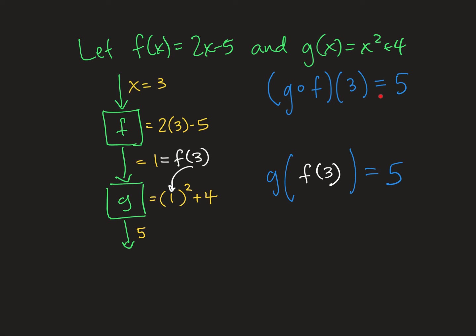Here, it's a little less obvious what we're supposed to do, other than I'm going to take G following f of 3, but another way that we can think about this is I'm going to take this 3 and I'm going to plug it into the function closest to that 3 first. So I plug 3 into f, and then whatever f of 3 is, that's what gets plugged into G, and that's how I end up with 5.